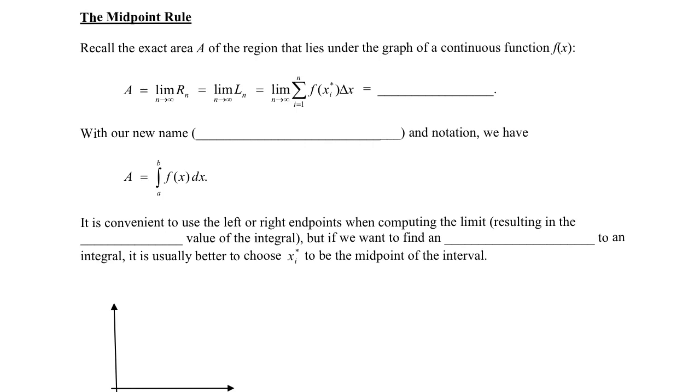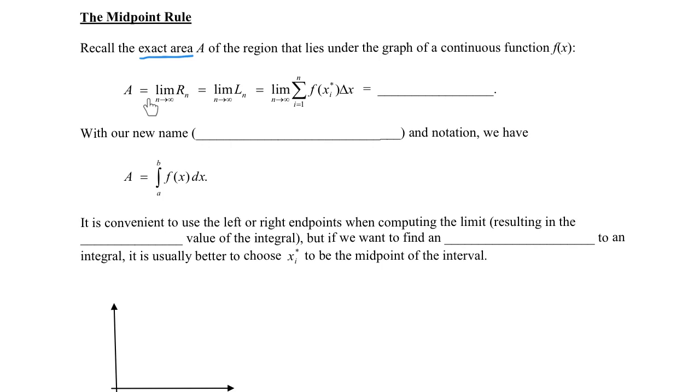So you've got this midpoint rule, and we'll use this to get an estimate of an area under the curve, or in other words, the estimate of a definite integral. So we can recall here that the exact area of a region that lies under the graph of a continuous function f of x equals, and the reason it's an exact area is because we're taking the limit, exactly, not approximately, the limit of the right-hand sums as n approaches infinity, or the limit of the left-hand sums as n approaches infinity.